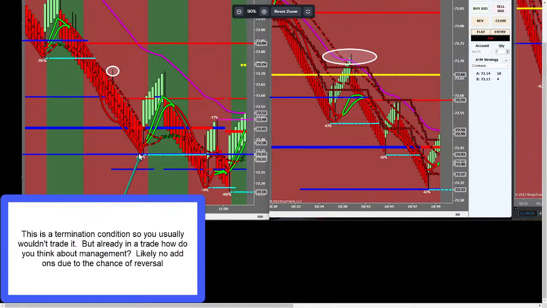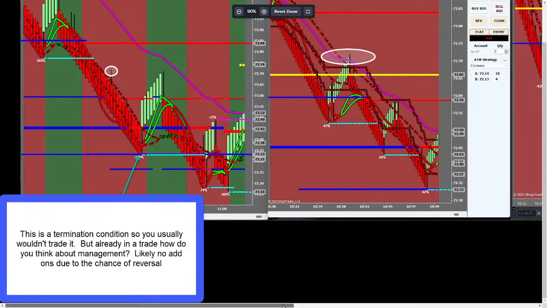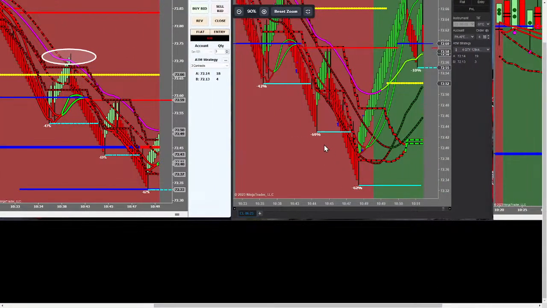And then we get to the second level, and divergence prints. See how you didn't respect one and traded back to it? And now you respected this one. So it's hard to say because it's inconsistent.